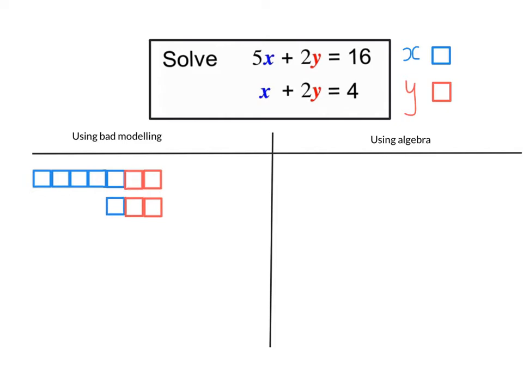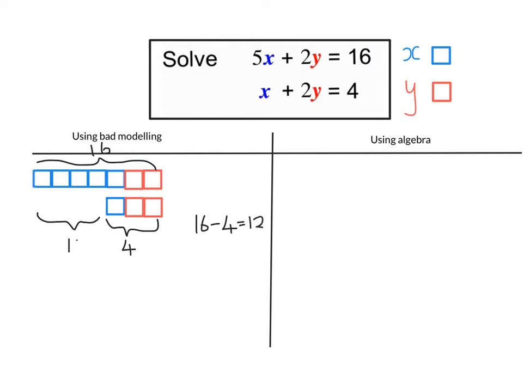Okay, so let's have a look at what we know so far. I know that the bottom line, so that x and 2y, this bit here, is equal to 4. I know that the top line is equal to 16. So this must be the difference between 16 and 4. So 16 take away 4 is 12.